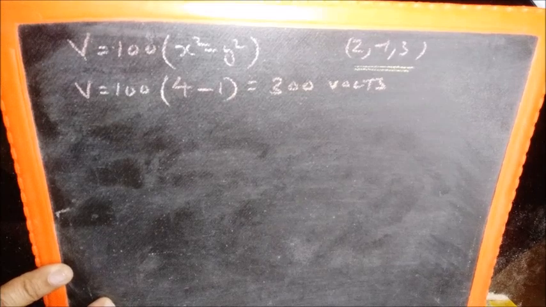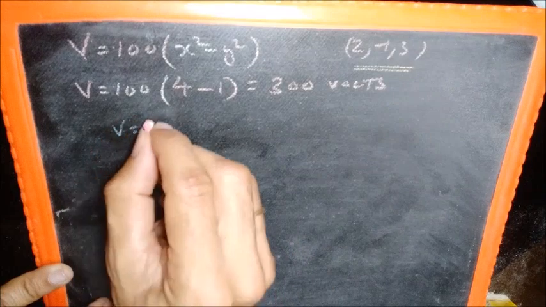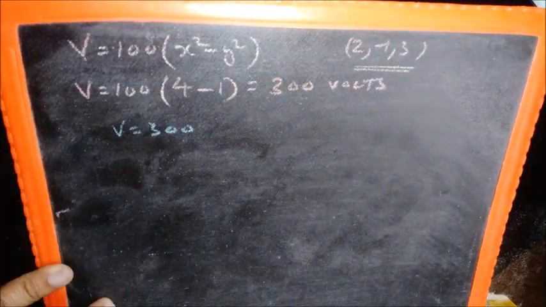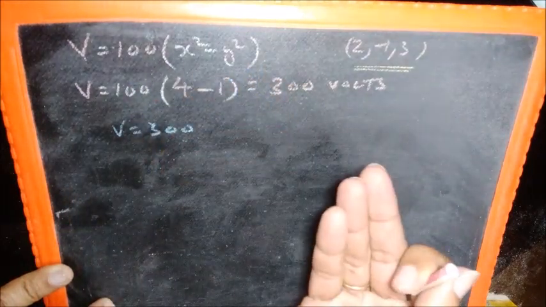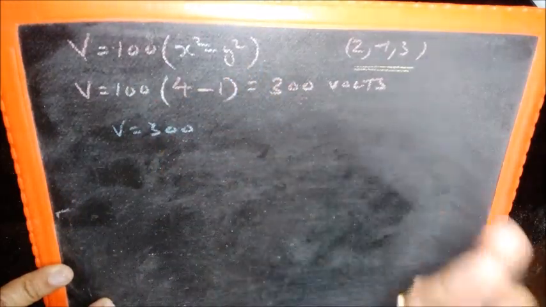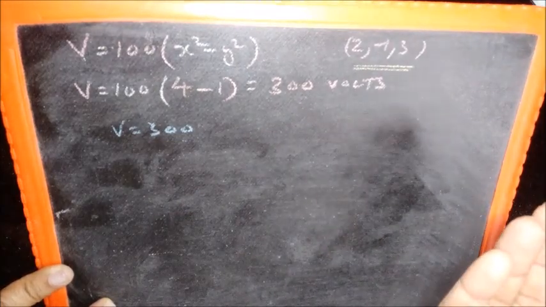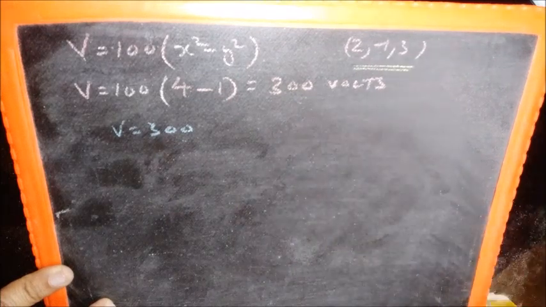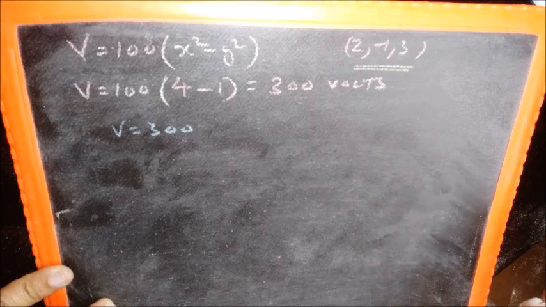So if we set V as equal to 300 in the expression for the potential field, we will get the surface on which the potential is 300, and since the interface between a conductor and free space is equipotential, we will end up with an expression for the interface between the conductor and free space.